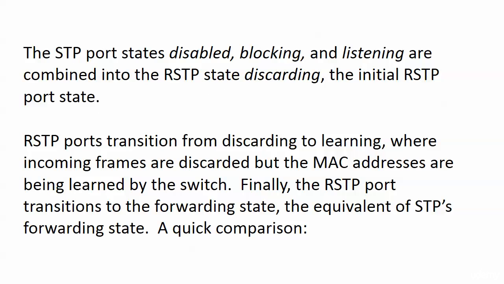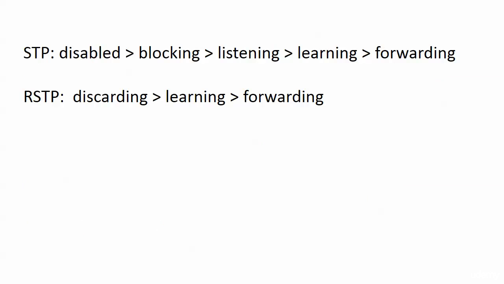Now, an RSTP port will transition from discarding to learning, where the incoming frames are discarded, but the MAC addresses are being learned by the switch. Finally, if all goes well, the RSTP port transitions to the forwarding state, which is the equivalent of STP's forwarding state. So just to put those two side by side, we've got STP: disabled, blocking, listening, learning, forwarding. RSTP: discarding, learning, and forwarding.